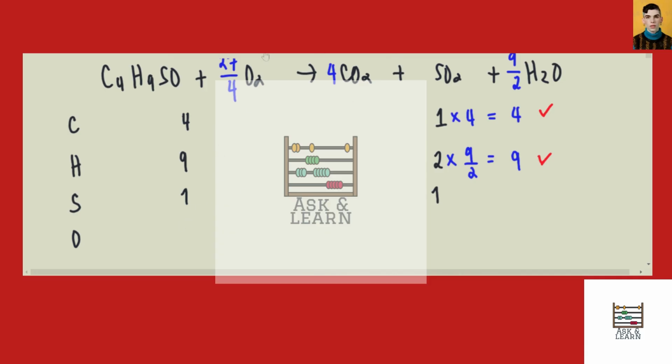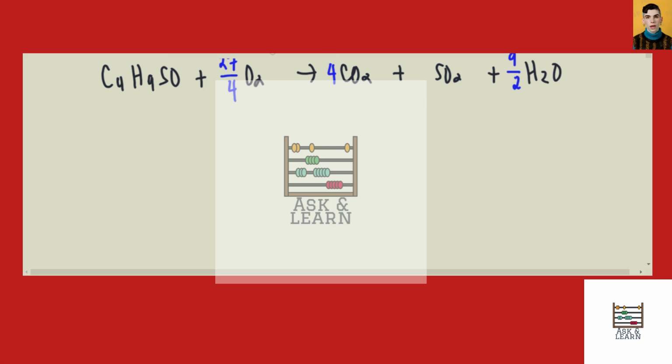So to do that, we have to multiply the equation through by 4 in order to get rid of the 4 in the denominator of 27 over 4, and also get rid of the 2 in 9 halves.